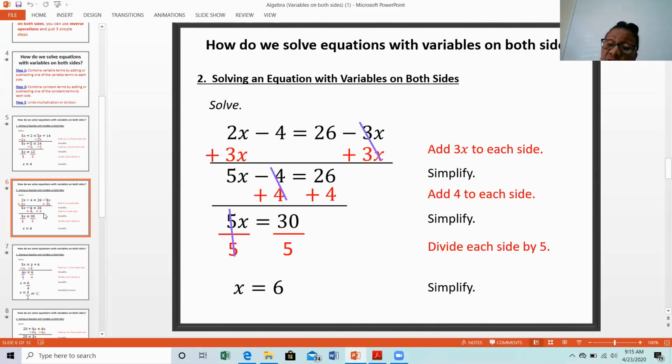Are we finished? No, we still have 5x, so step number 3, use multiplication or division. 5x is the same as 5 times x, so we divide both sides by 5. And so we're left with x is equal to 6.